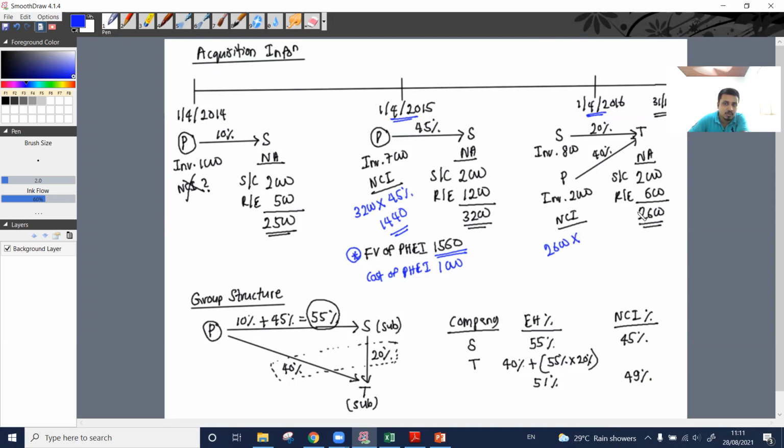What is the amount that belongs to the other shareholders out of this? That is 49%. So 2,600 into 49% means 1,274.